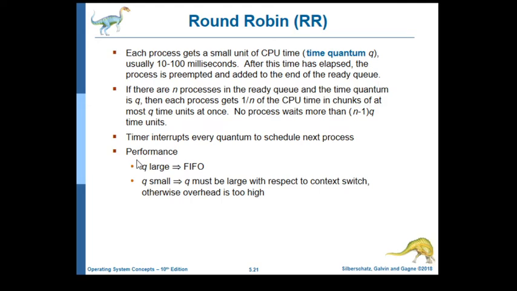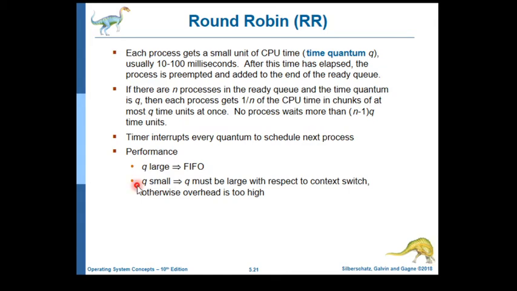The performance of the round robin algorithm depends heavily on the size of the time quantum. If the time quantum is extremely large, the round robin policy is the same as the first come first serve policy.